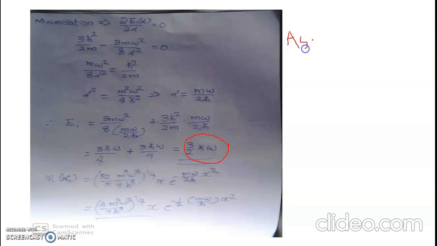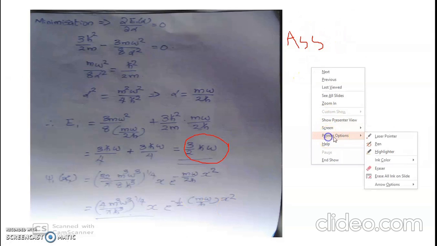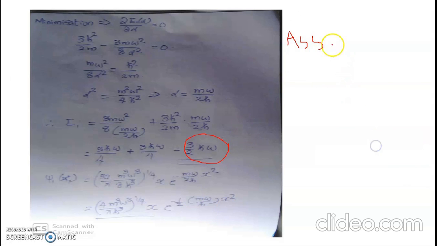The question is, apply the variational method to the particle in a one-dimensional box problem.